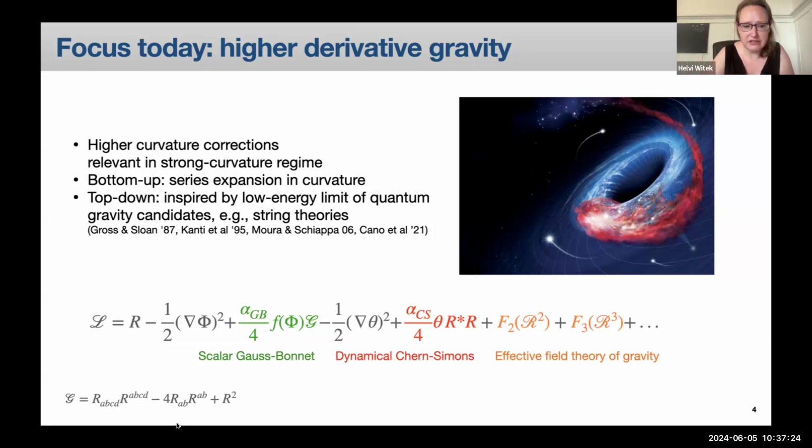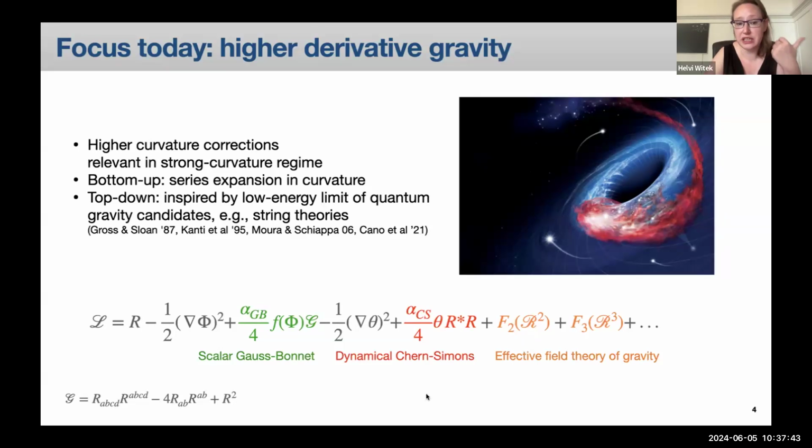And this curvature invariant is now coupled to a scalar field that I call phi. We also have the kinetic term for the scalar field here. I didn't write its potential, but we could also add a potential for the scalar field. So that's one correction that's quadratic in curvature.